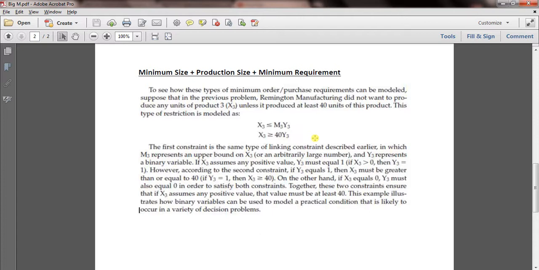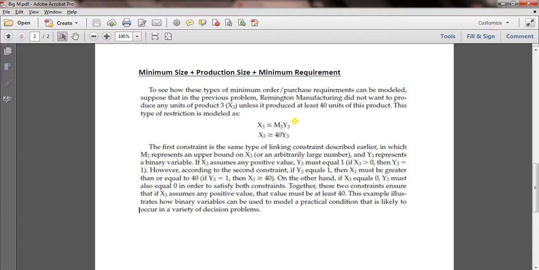In those cases, apart from the linking constraint, we need one more constraint associated. That constraint is called the minimum constraint, and it will also use the linking constraint along with the minimum value to create the minimum constraint. Let's take an example.